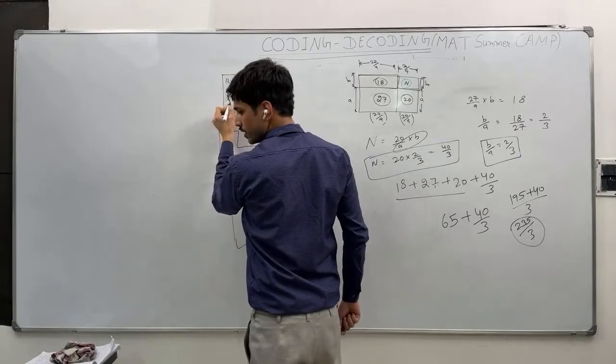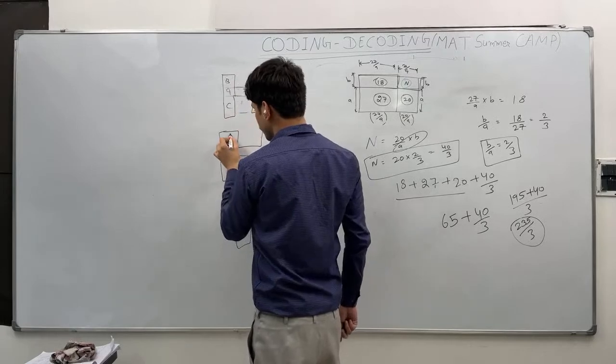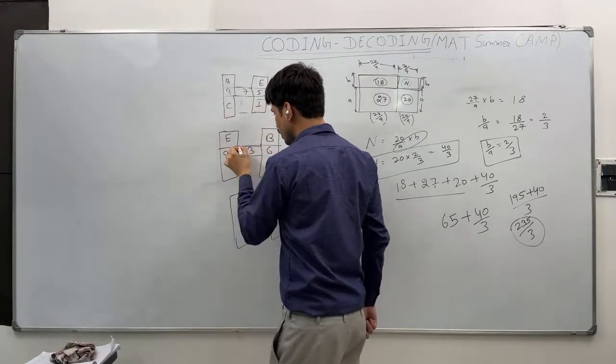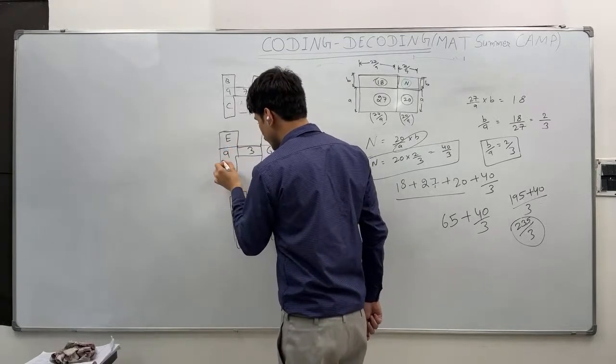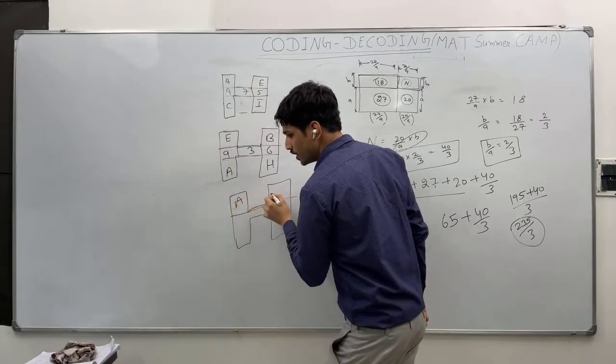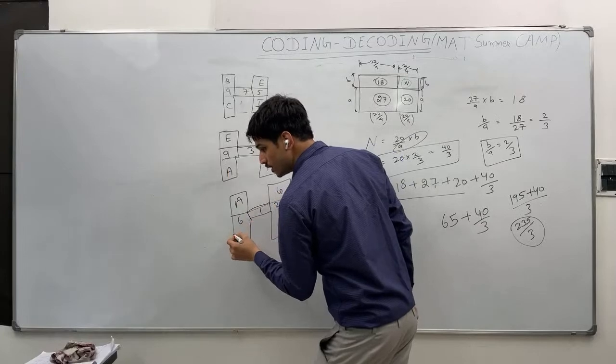And here I am having C, I. In the second one I am having E, then B, 9, 3, 6. Then I have A, and then I have H. Here they are giving A, G, 6, 1, 2. Here they are giving C.